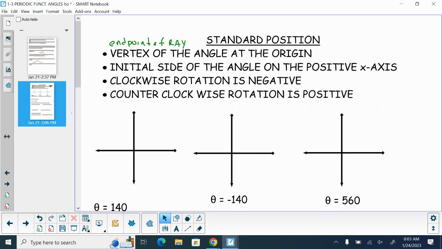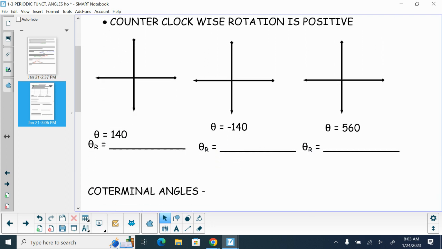So if we take a look at an angle of 140 degrees, the initial side of the ray is on the positive x-axis. The end point is at the origin.